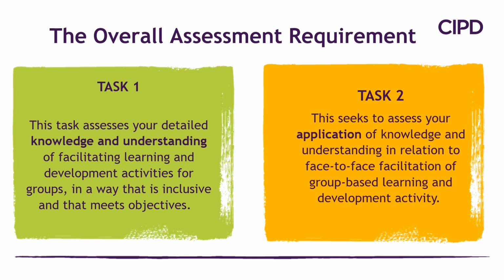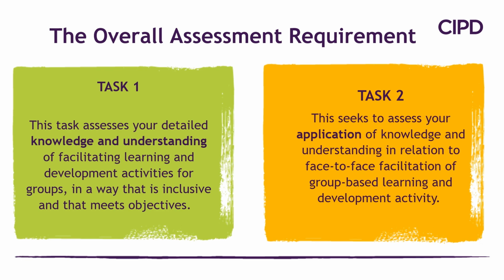So what's in this assessment brief? All assessment briefs are composed of a number of tasks, usually 1, 2 or 3 tasks, sometimes more. The assessment briefs for the 3 specialist L&D units all follow the same pattern in that they have 2 tasks. Task 1 will always seek to assess your knowledge and understanding of whatever subject the unit is about, while Task 2 aims to assess your application of that knowledge and understanding.